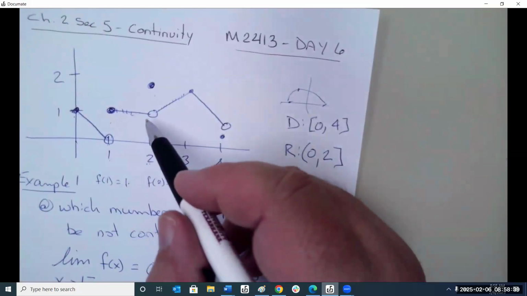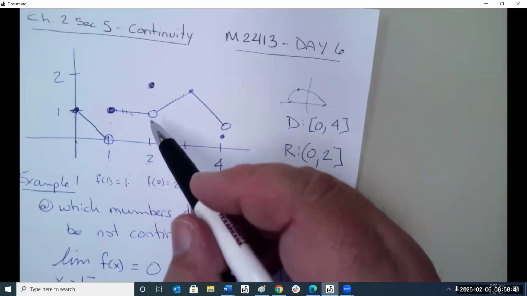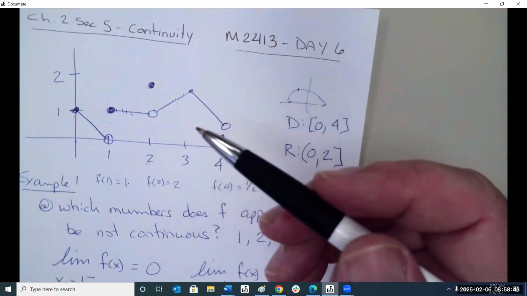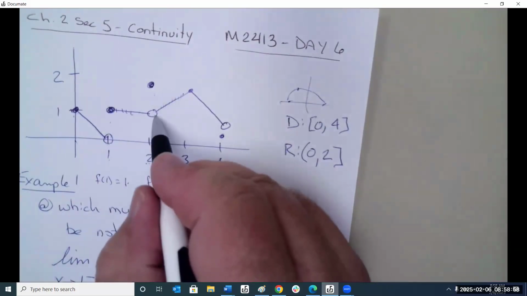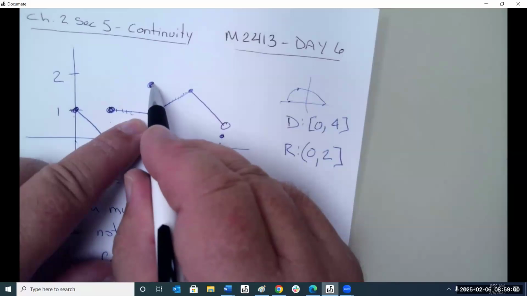Have we seen this before? Yeah. The first example we did in this chapter, we had x minus 1 over x squared plus 1. If you can cancel out the same values on top and bottom, it's approaching a value, but the actual value is different.